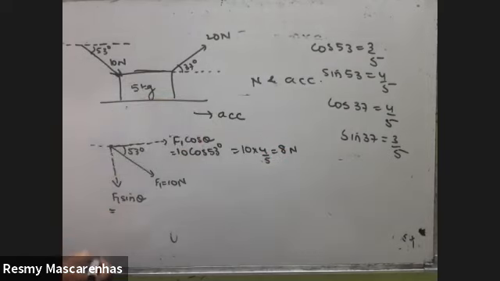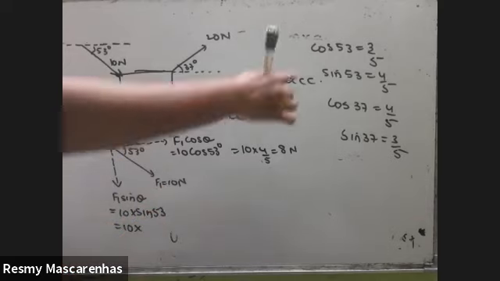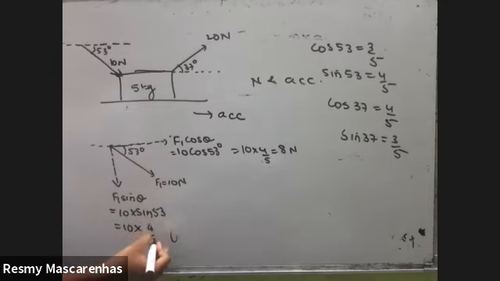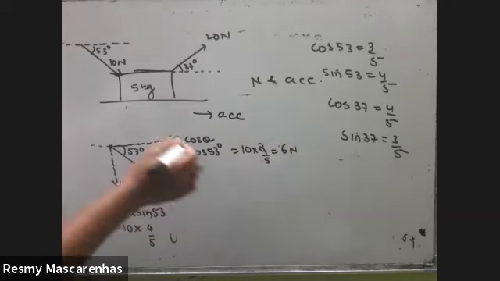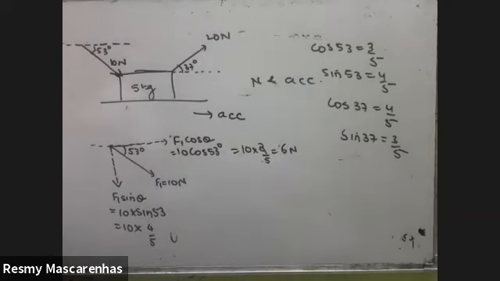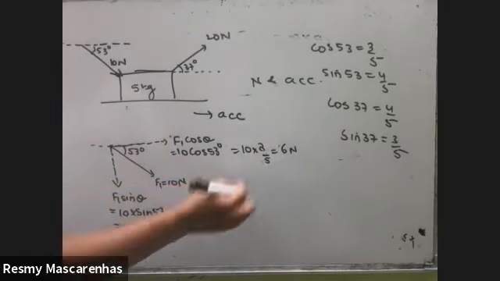Calculate this one. It is 10 times sine theta, so sine of 53. So 10 into sine 53 is how much? 4 by 5. Oh, this is 3 by 5, no? This is 6. This is 4 by 5.